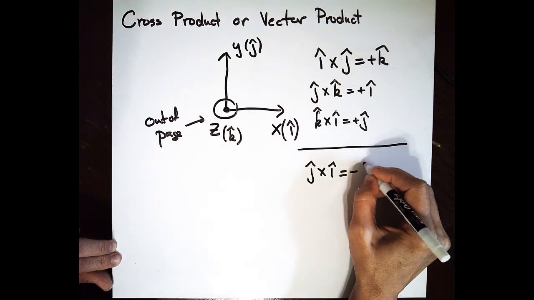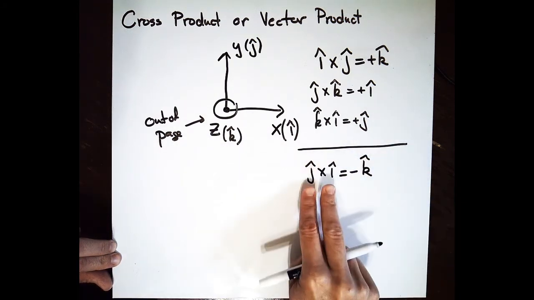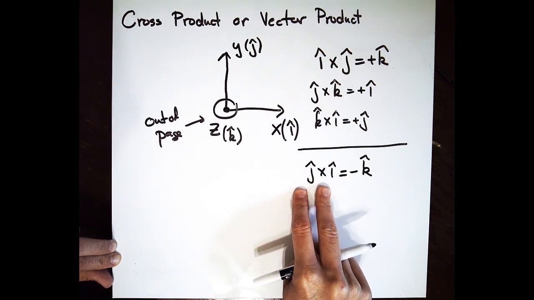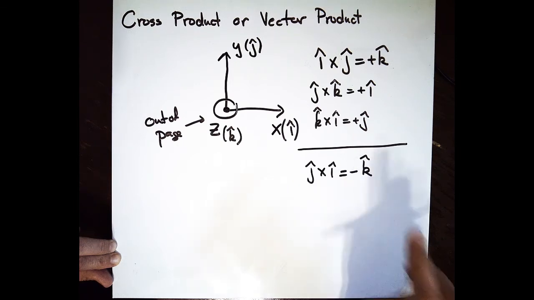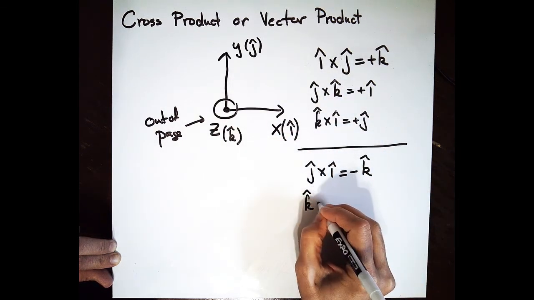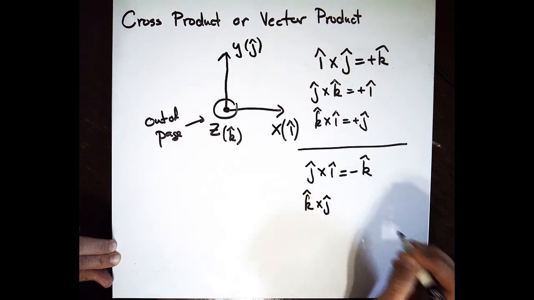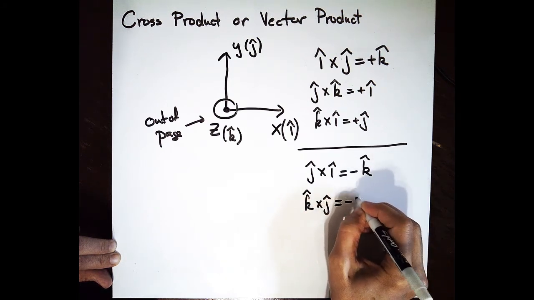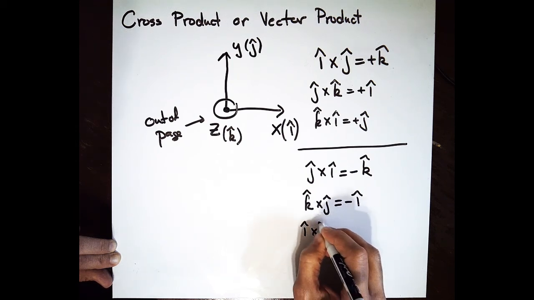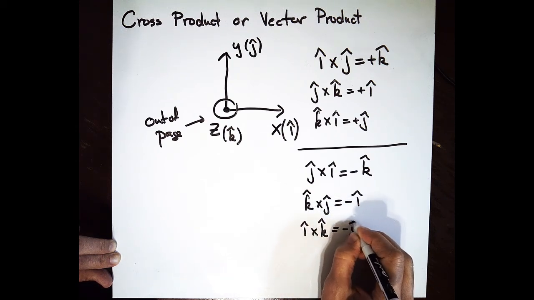So this would be negative k hat. So if you go in negative alphabetical order or reverse alphabetical order, you'll get the negative. That'll be true here as well. If we do, instead of j hat crossed with k hat, k hat crossed with j hat, we'll get negative i hat. And if we do i crossed with k, we'll get negative j.